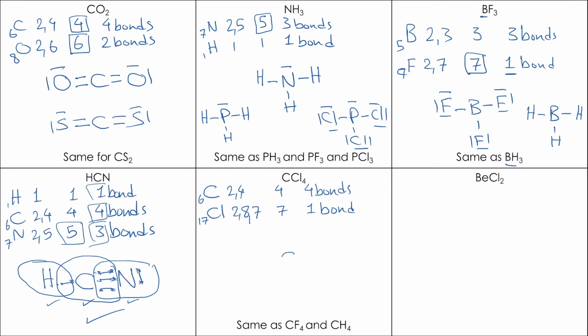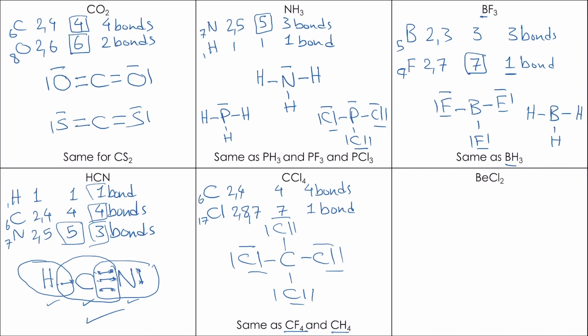So we have carbon, and it would make 4 bonds with Cl, Cl, Cl, and Cl. This is the Lewis structure. I don't have to forget the lone pairs for the chlorine atoms. This is very important. Same structure will be for CF4 or for CH4. We drew CH4 in the previous video.